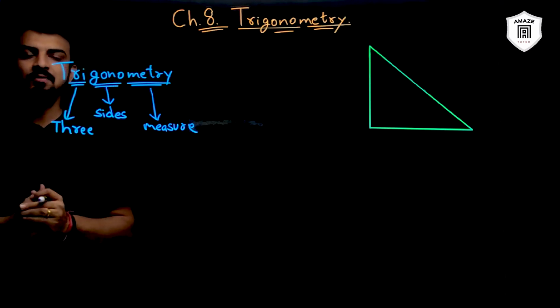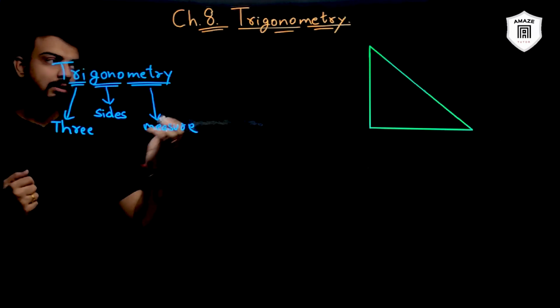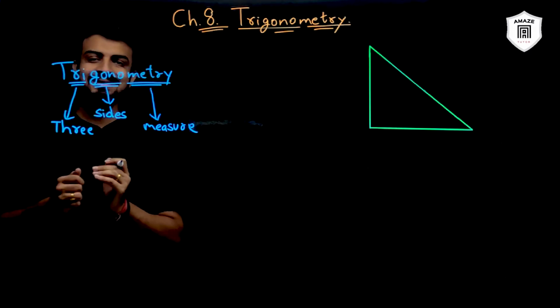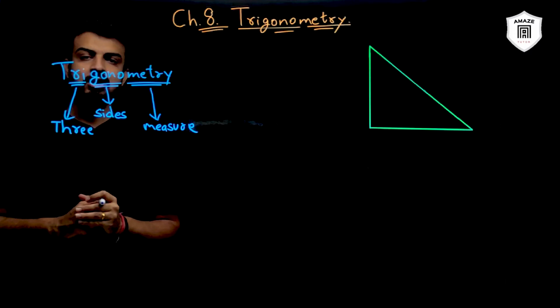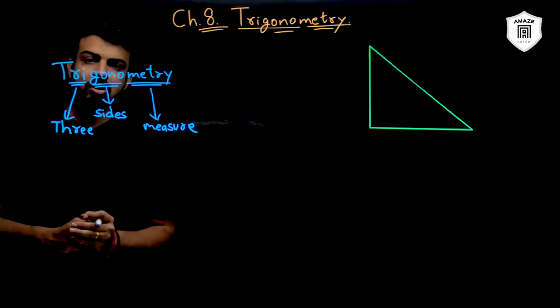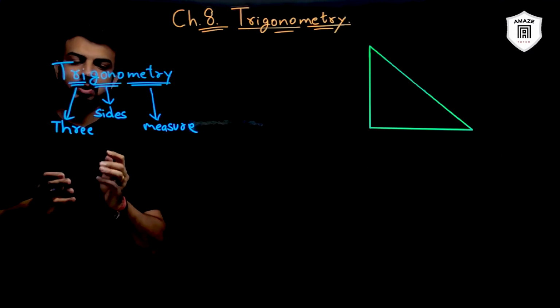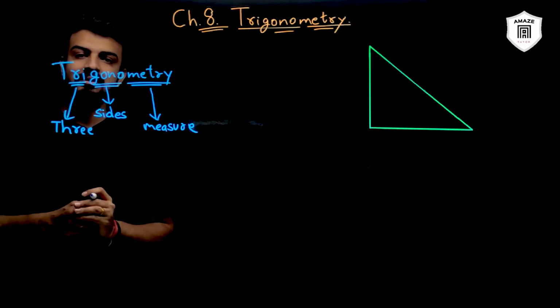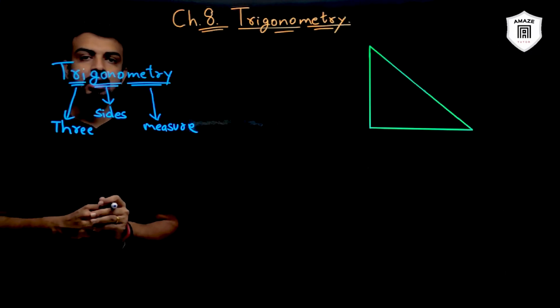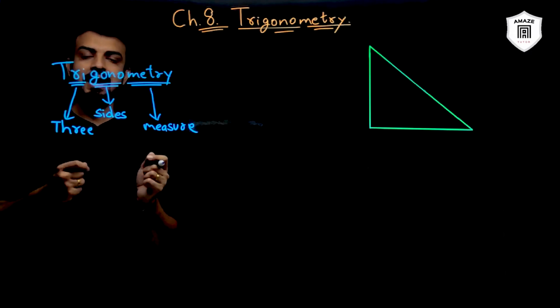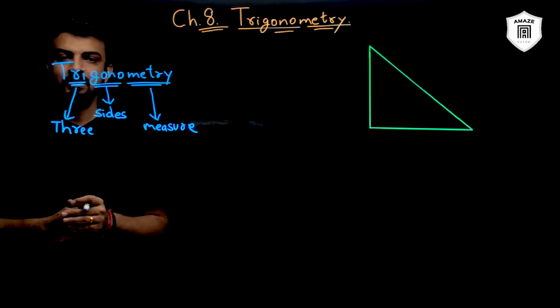Which is a three-sided figure? It's a triangle, right? So trigonometry is the branch of mathematics which is the study of the relationship between sides and angles of a triangle. We are going to look at the measurements of angles and sides of a triangle.